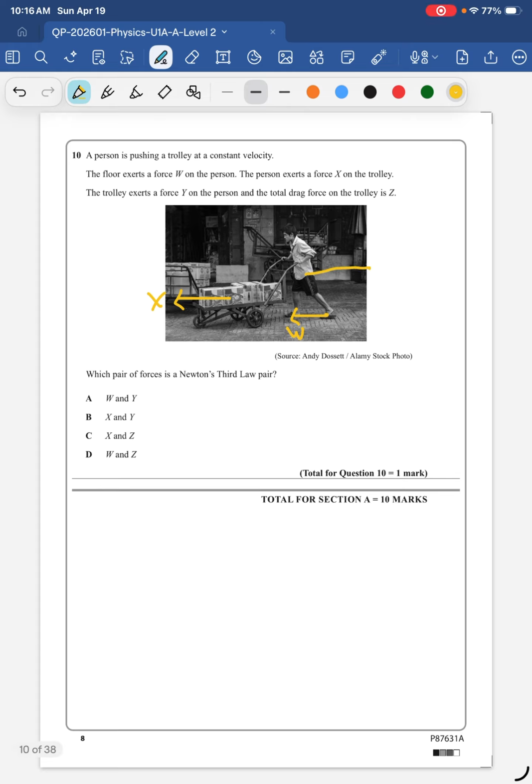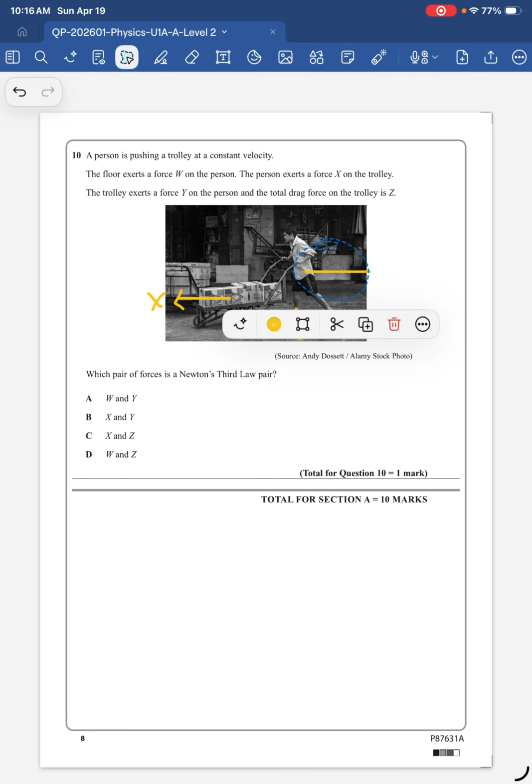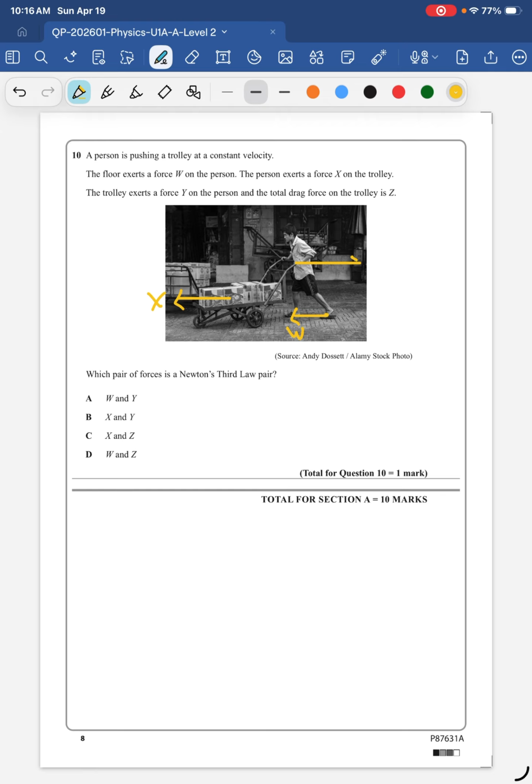So let's move this where the trolley and the man are touching. Okay, so let's call this force Y. And the total drag force on the trolley is Z. So this will be applied on the trolley, something like this.